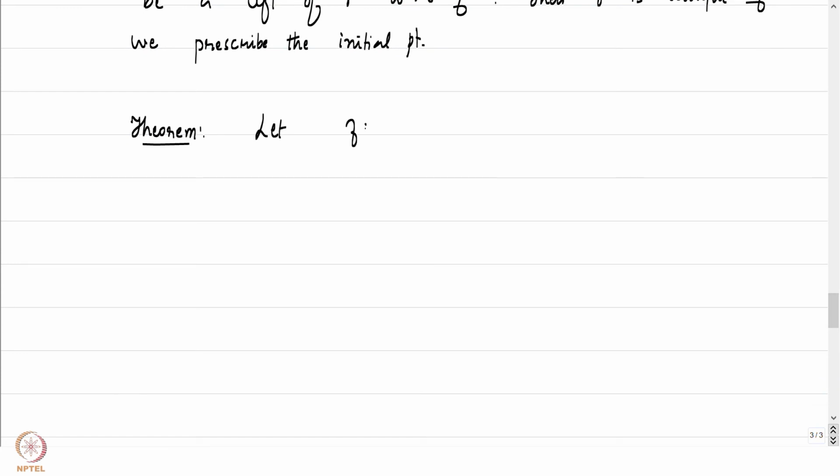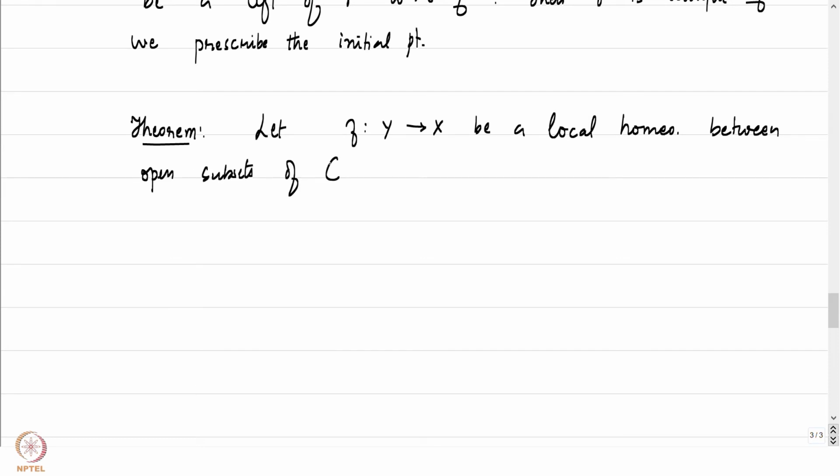Let f from Y to X be a local homeomorphism between open subsets of C. And suppose we have gamma 0 and gamma 1, let gamma 0 and gamma 1 be curves in X from some initial point, say z1 to z2, which are homotopic with fixed endpoints.